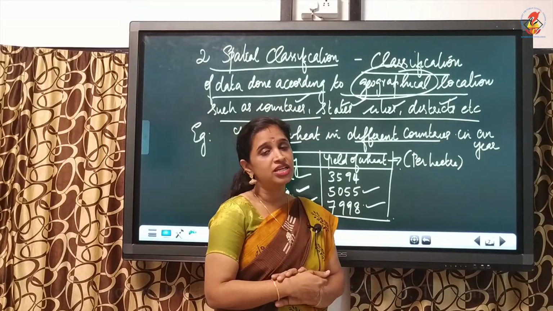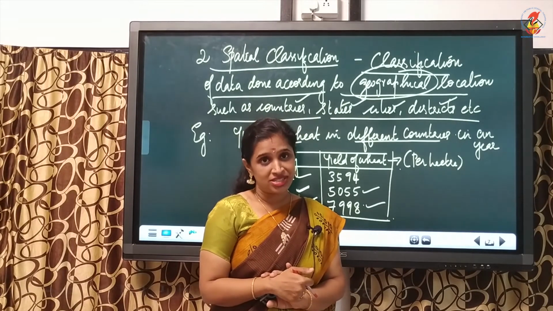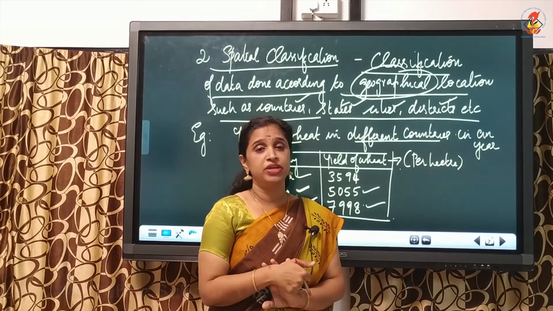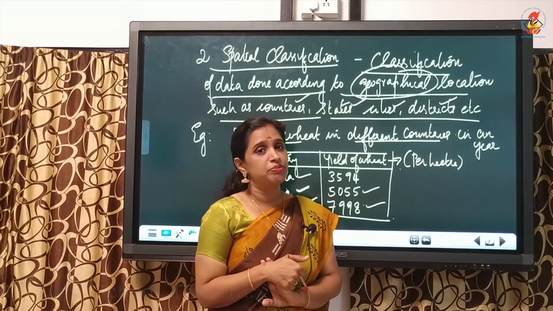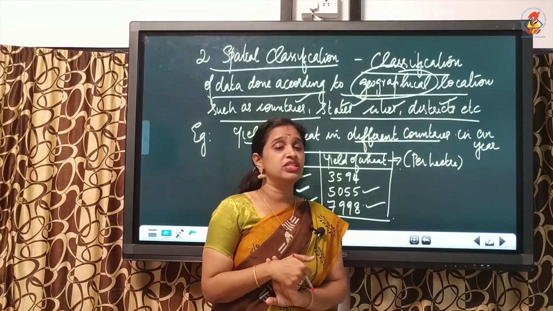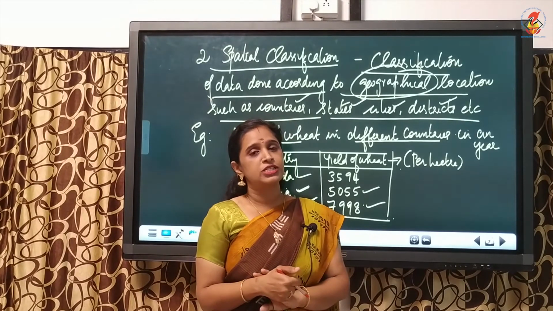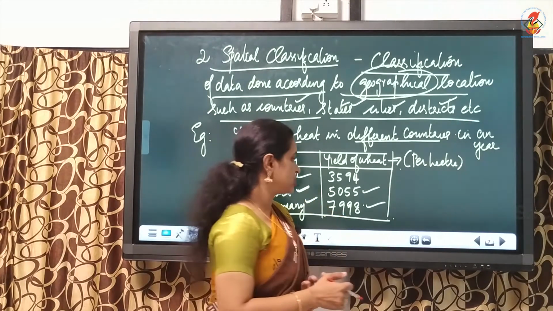So you can find here the data is classified giving importance to countries. Likewise, it can be based on district, it can be based on states, etc. So, such a classification which is done on the basis of geographical location is known as spatial classification.